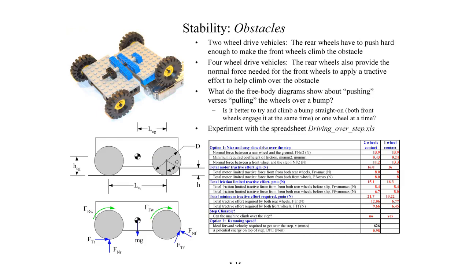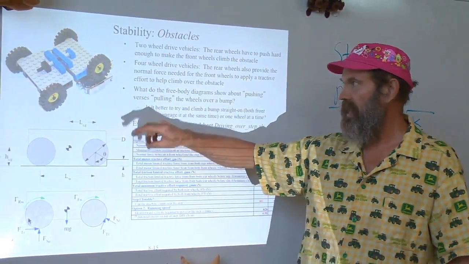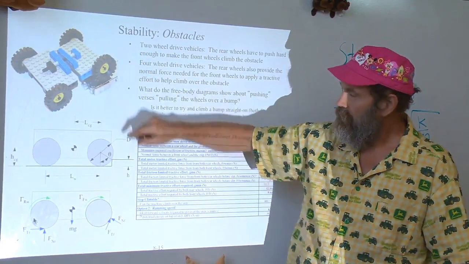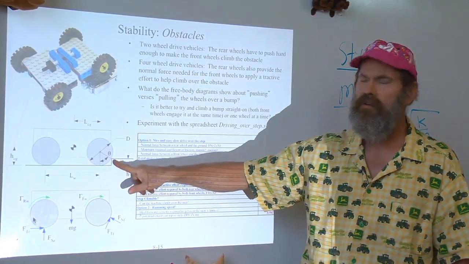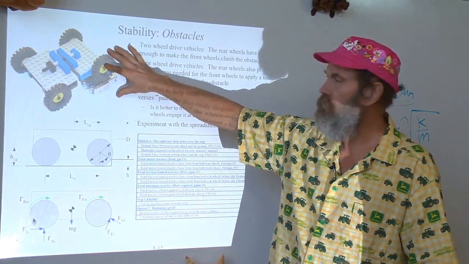The next type of stability issue to think about is obstacles. As the structure is moving, what kind of obstacles will it encounter? For example, this is the design of a vehicle that's supposed to go over a bump. How does that affect the structure and the layout of the machine?